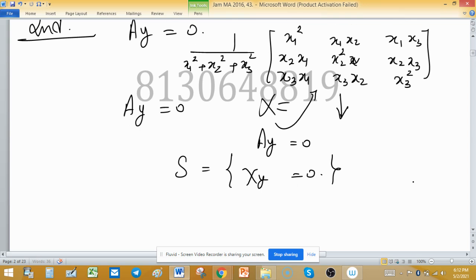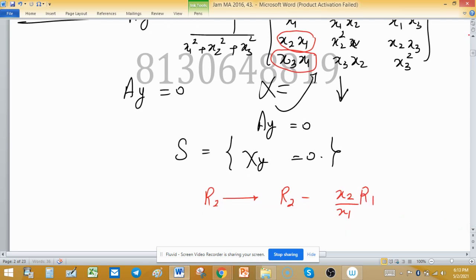The dimension of this one you can find by reducing it to reduced echelon form. We need to apply some elementary row operations, because we have to make 0 under the first position. So r2 becomes r2 minus x2 upon x1, which is a number, times r1.